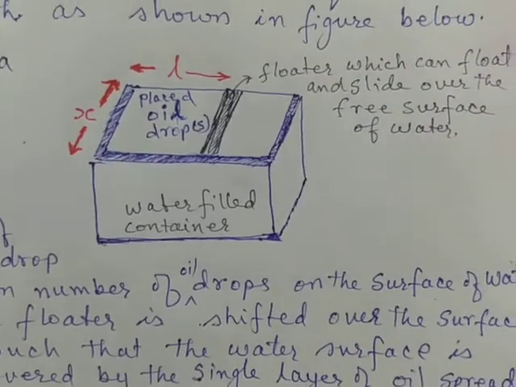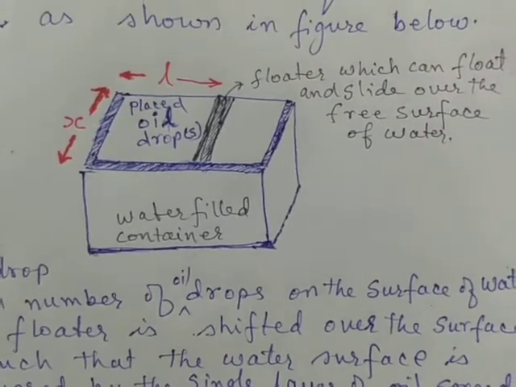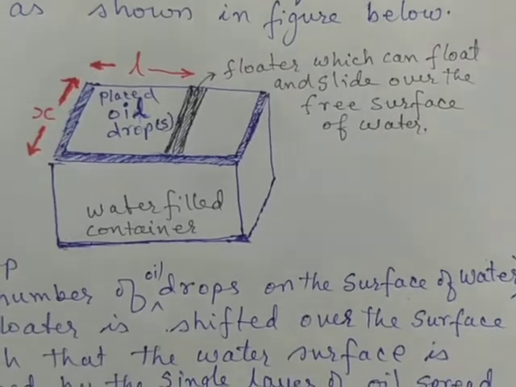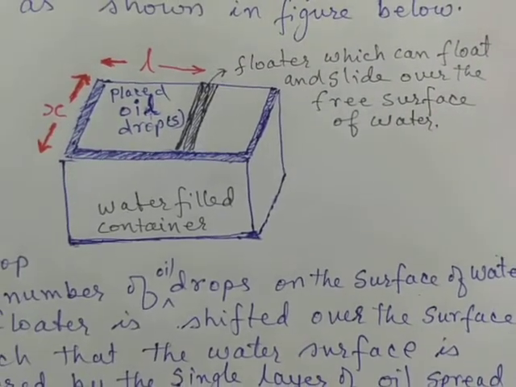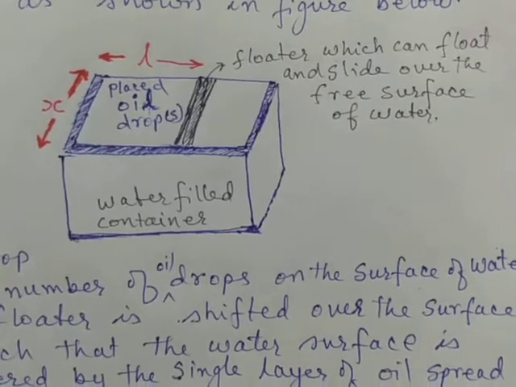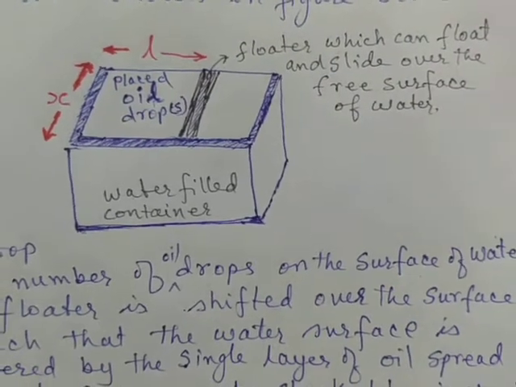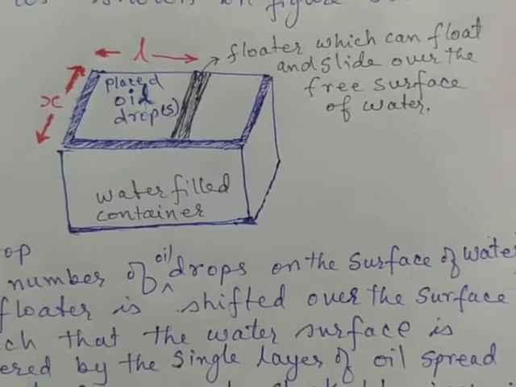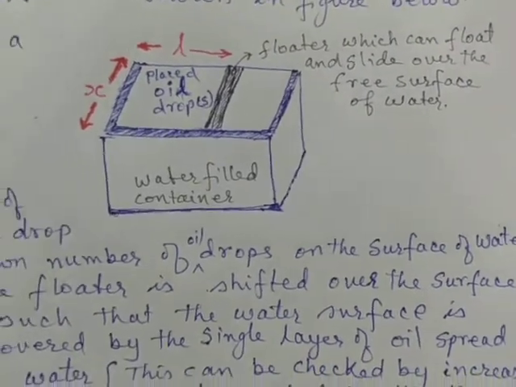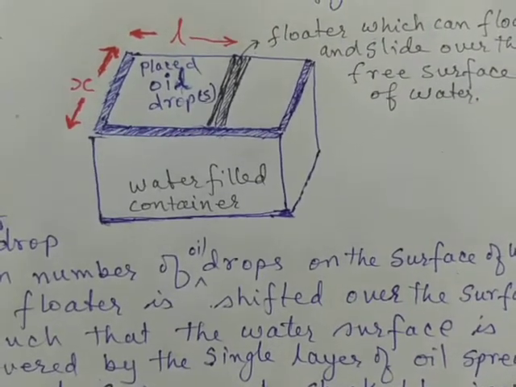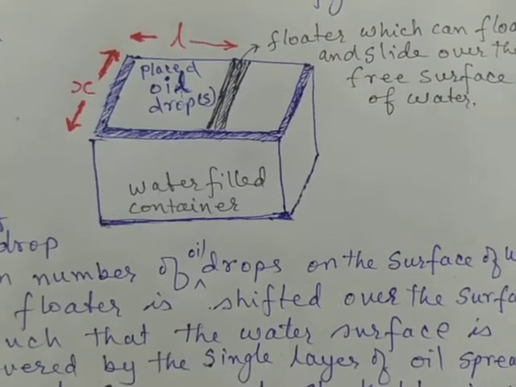Once this is fixed, that the oil is just covering the water surface, we find the area of the water surface. Since we have a rectangular container, we find the area just covered by oil by multiplying the length and width, L and x.